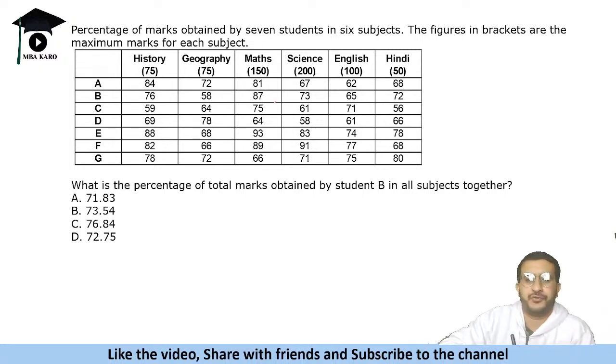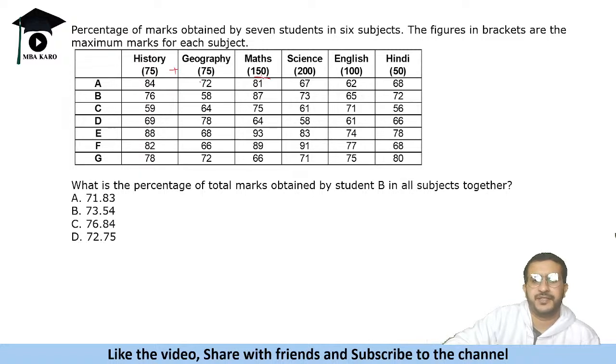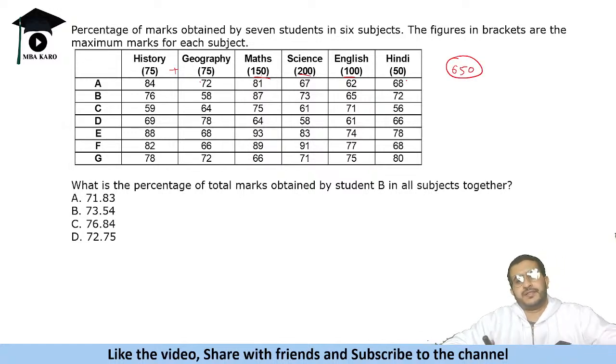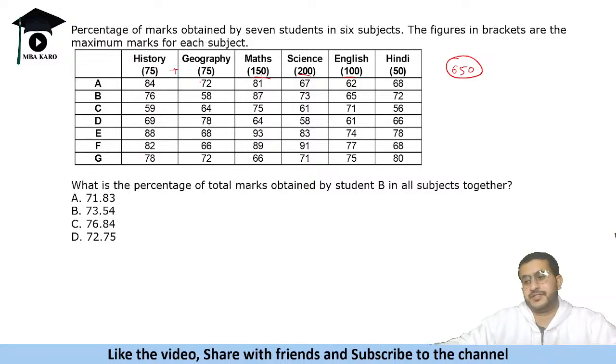So you will have to calculate the percentages. We will have to calculate his total and find his percentage marks. So the total is 150 plus 150, 300, 336, 650 is the maximum marks. 650 maximum marks, and we need to find his percentage marks.